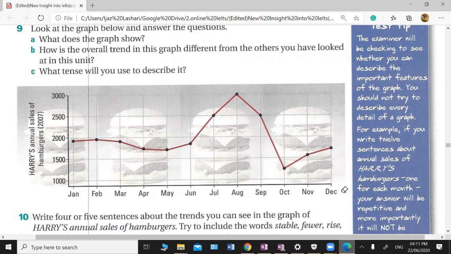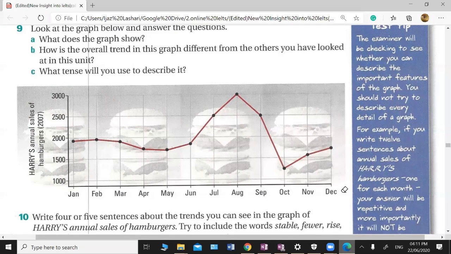From January the sale started, and throughout that month the sale is constant. In February, March up to April it is slightly down, and then in May it remains constant.